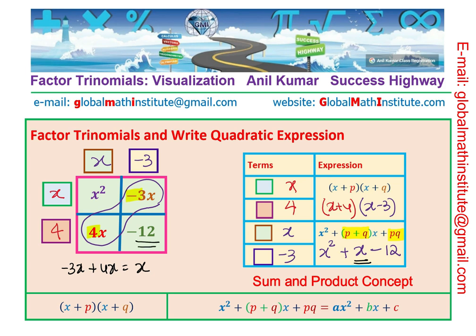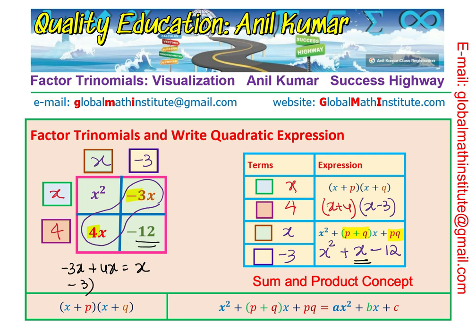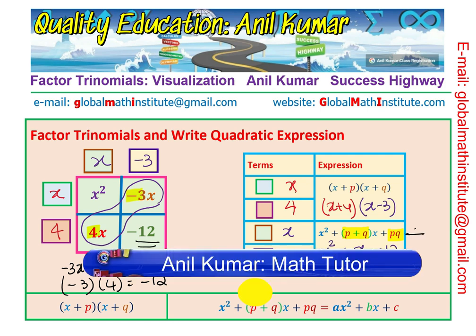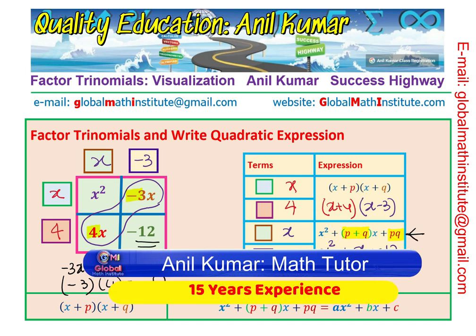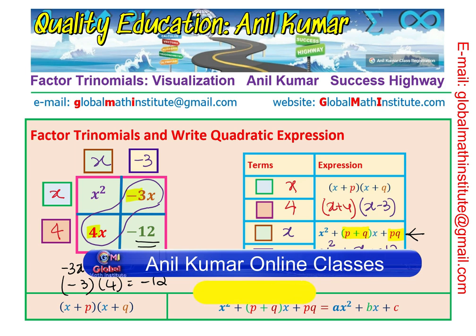And the product gives us minus 12. So what is this product? This is minus 3 times 4, which gives us minus 12. You see that? That gives you the product, and that is how we are looking into this particular form. How do we relate our factored form to a standard form? Getting the idea, right? Okay, we'll explore more.